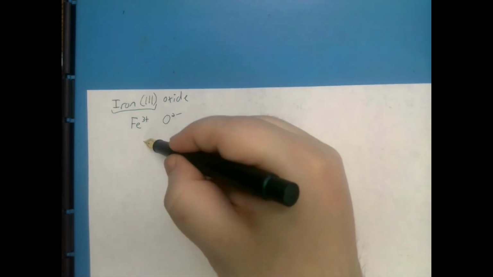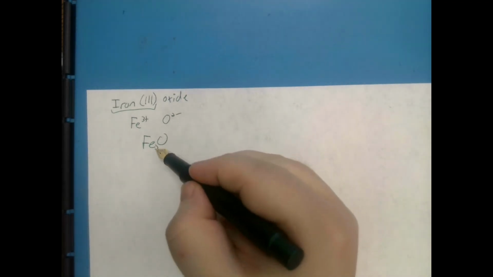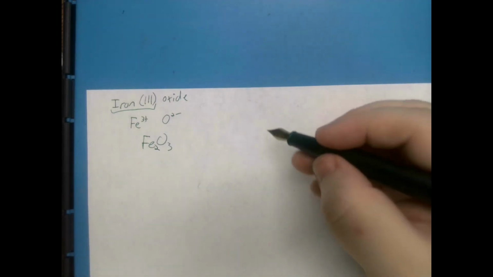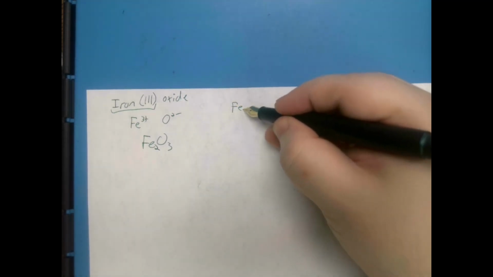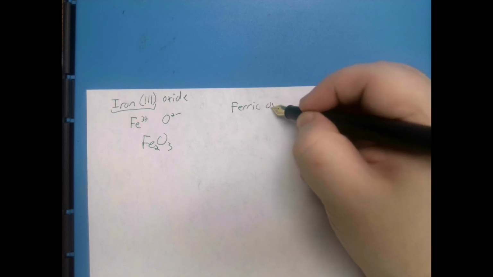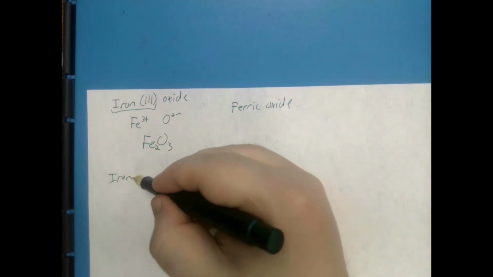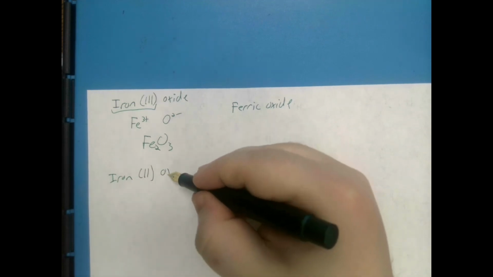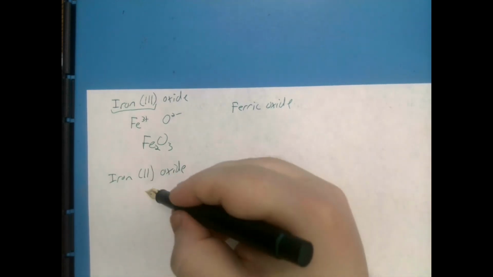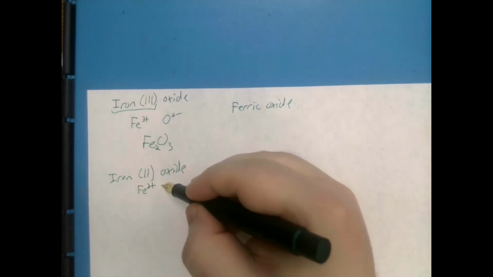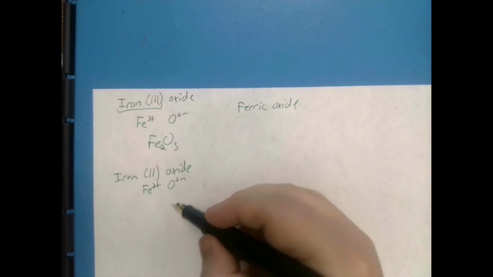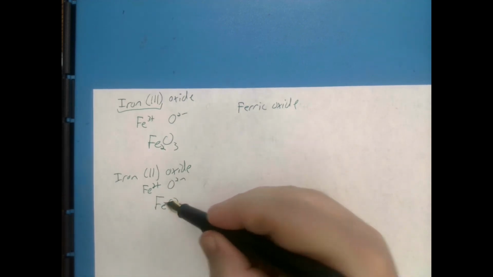Oxygen would be 2 negative. So crisscross, the 2 comes down here, 3 comes over here. This is also known as ferric oxide, whereas iron 2 oxide would be iron 2 plus, oxygen 2 negative, that's a 1-to-1, so FeO.